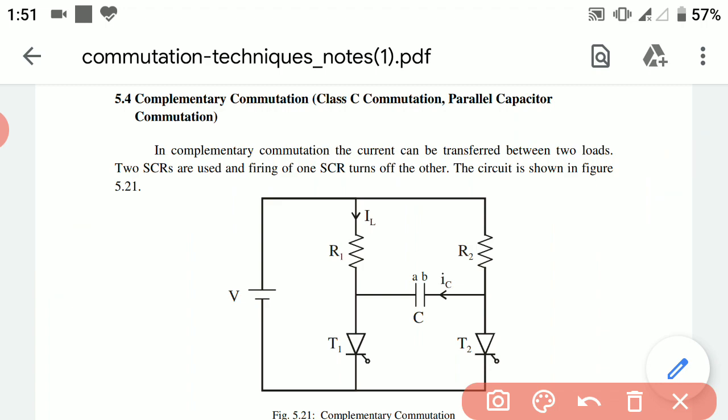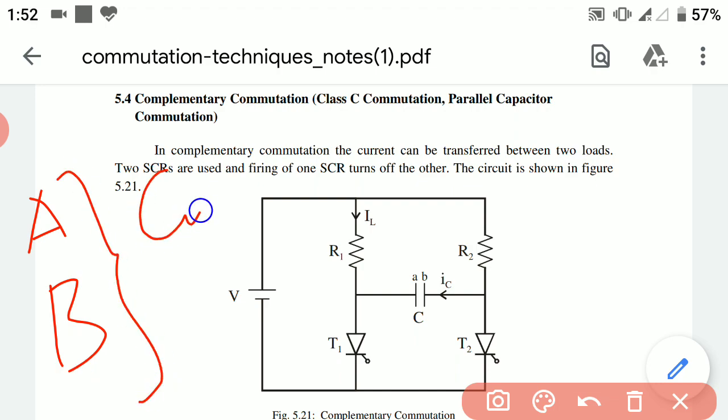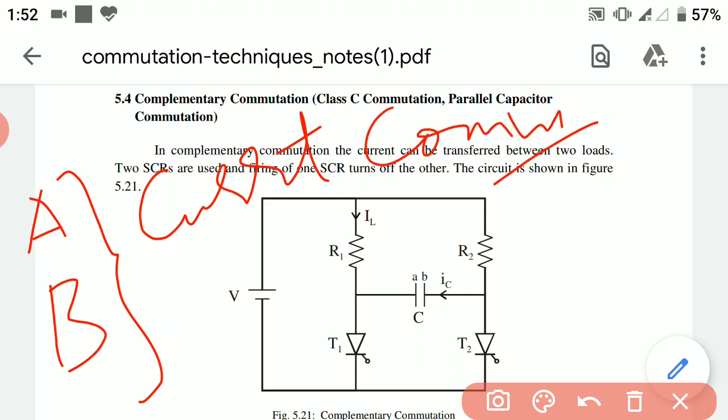Till now we have studied class A commutation and class B commutation, which were current commutation techniques, because in those techniques we actually reduce the level of current below the holding current value to commutate our thyristors.